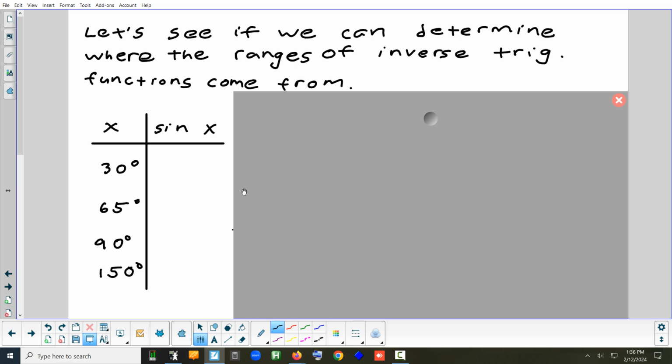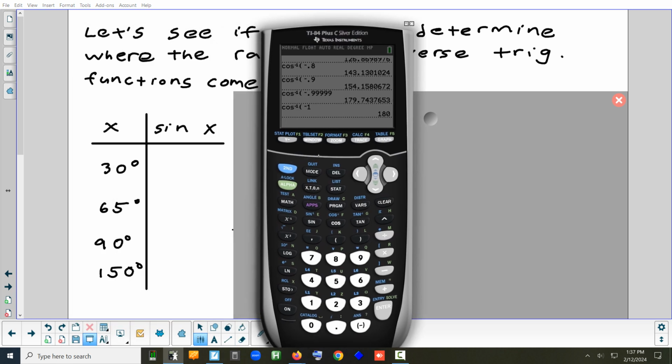So let's try something. I've got three different angles on the left. I just want to take the sine of each one of them and put it on the right. Let's start with the sine of 30. What do you get when you type sine of 30? Yeah, you get a half.